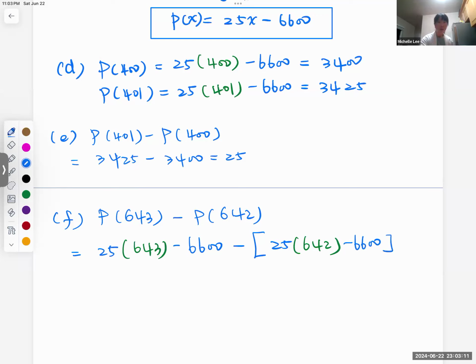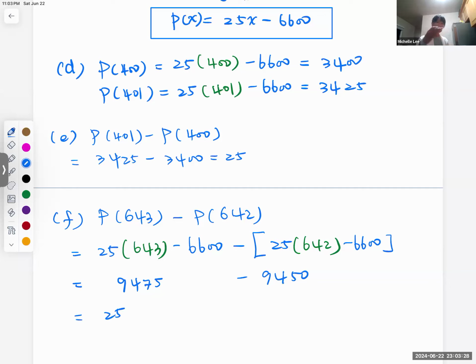Okay, so there will be 9,475 minus 9,450, which is 25 as well. So same as earlier. Earlier we had 5 and 5. Here 25, 25, right?